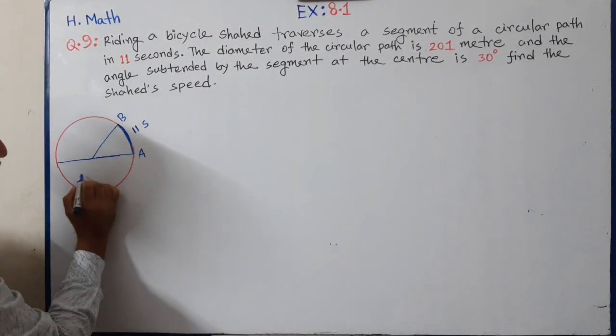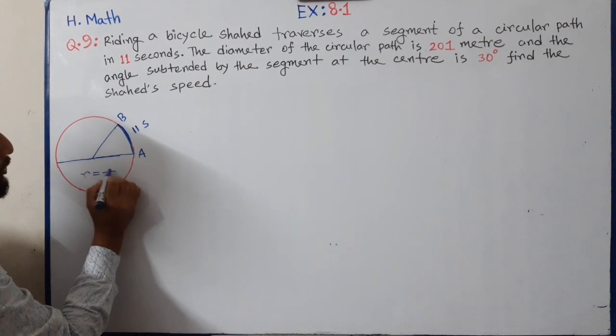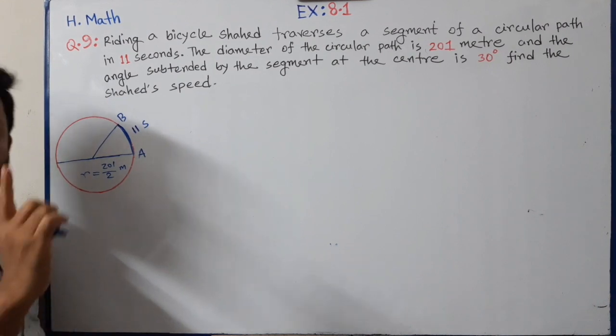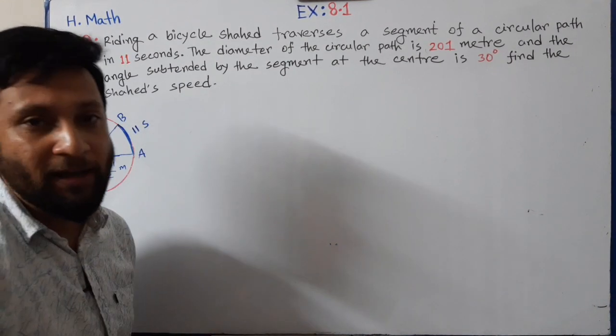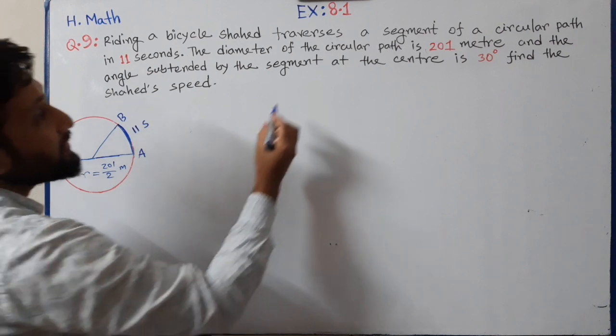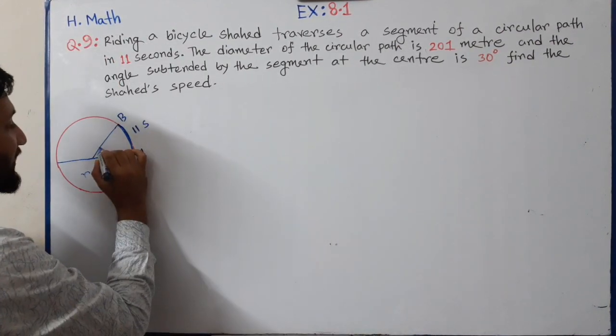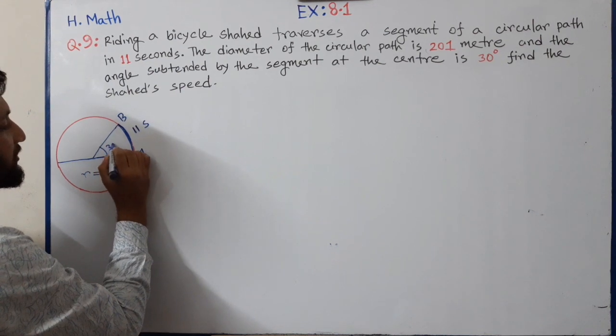So we can say the radius equals 201 divided by 2 meters, because the radius is half of the diameter. Then the subtended angle at the center is 30 degrees.